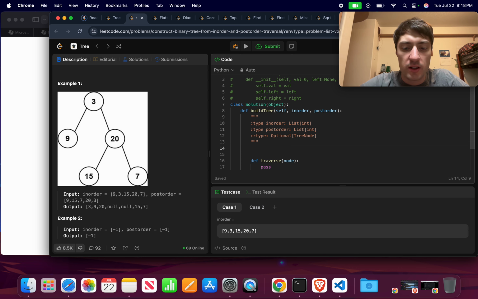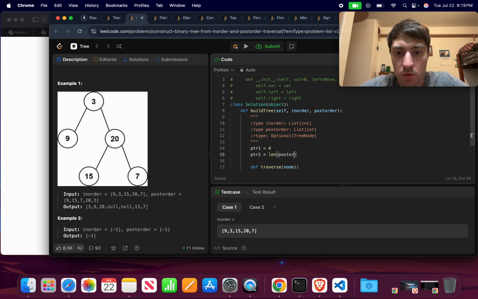So pointer 1 is equal to this Inorder, and I want to start, I don't know where I want to start yet. Pointer 2 is going to be at the end of the post order. So length of post order.